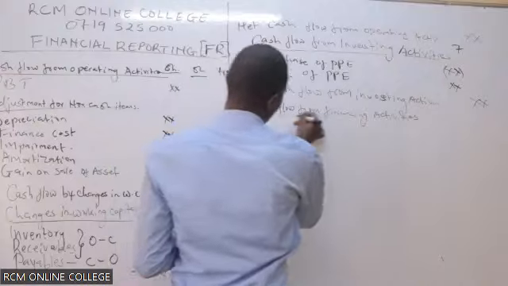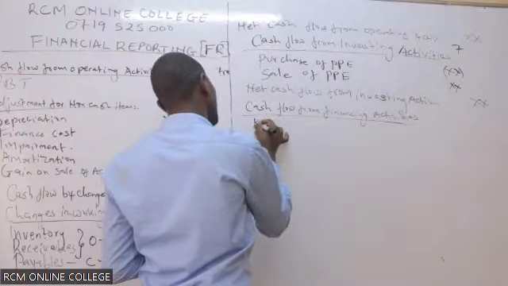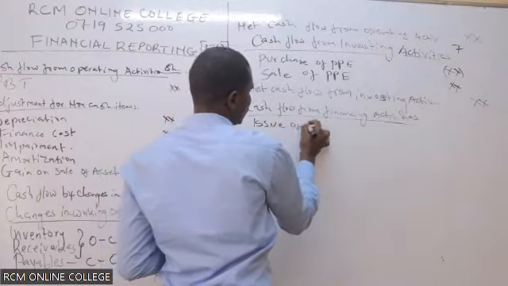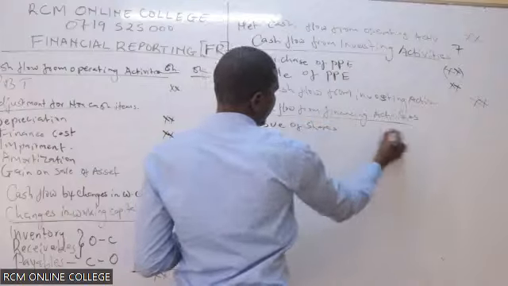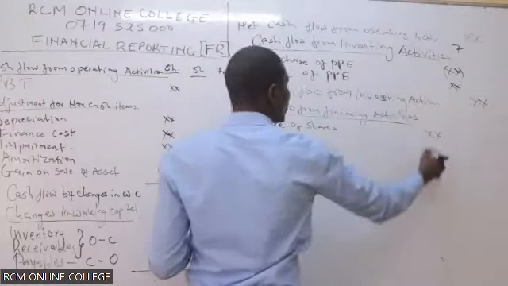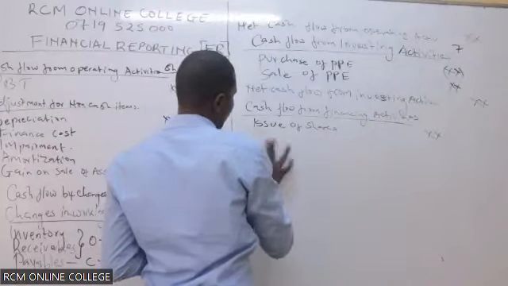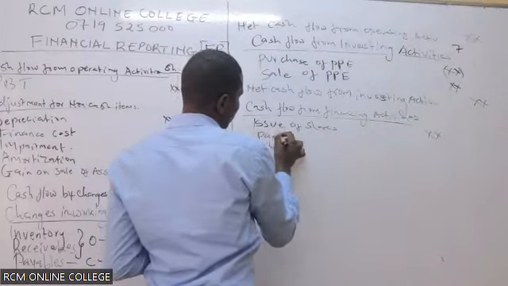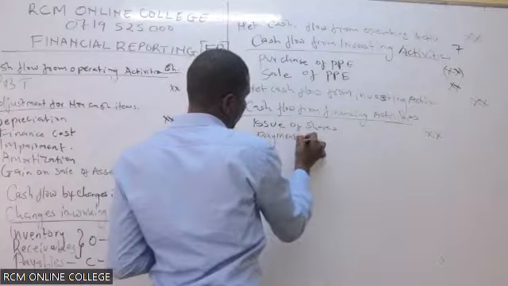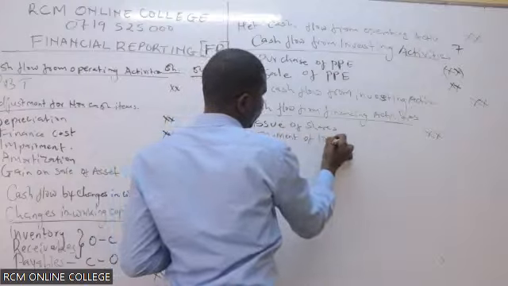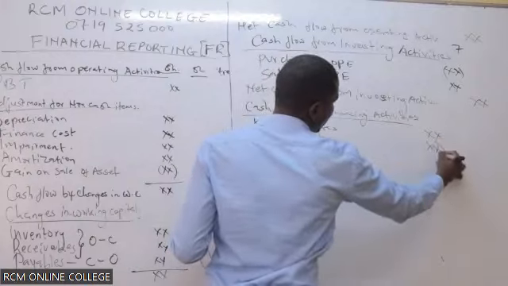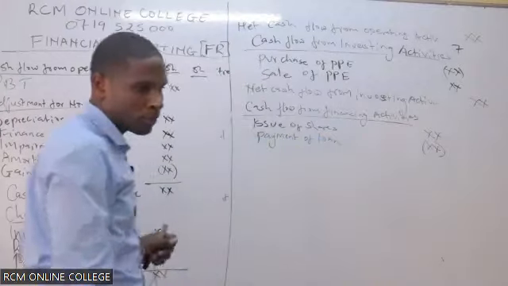Under this unaweza kuwa na issue of shares. Unaweka kwa column ya kwanza. When you issue share, pesa inaingia. Payment of loan paid. Ukilipa loan, pesa inatoka, inapungua. Unaona?